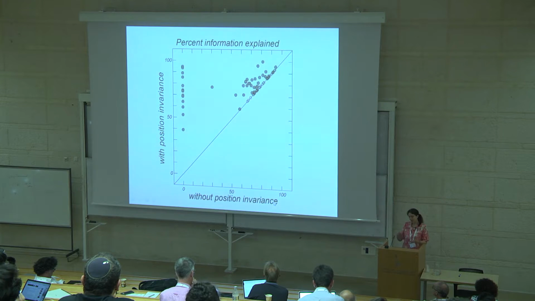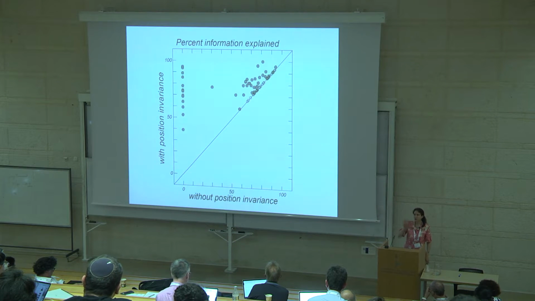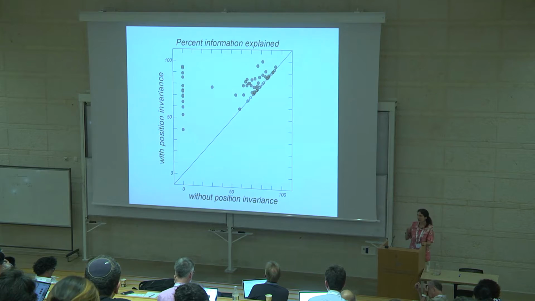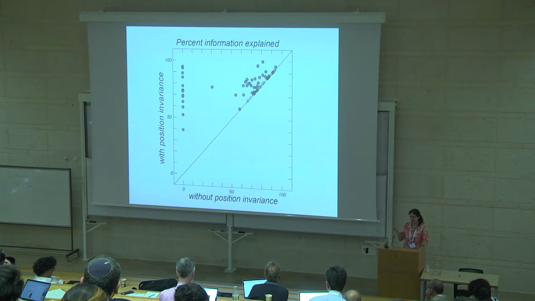That's an argument that global position invariance is important for these V4 neurons, meaning that if I take one template and move it around, that better accounts for the V4 responses. By comparison, if I impose scale invariance, that decreases the predictive power of the model. So from now on, I will be focusing on position invariance.